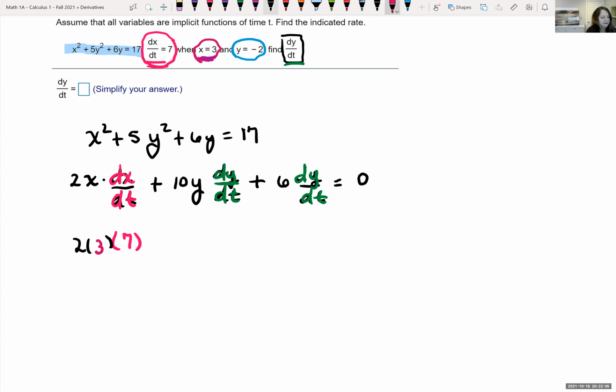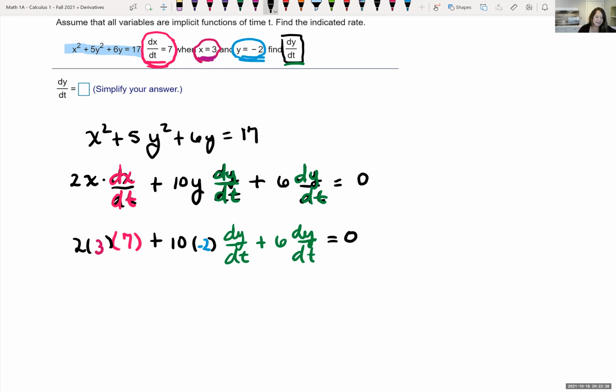Plus 10 times y, but y was told to be -2, dy/dt. Plus 6 dy/dt is equal to 0.